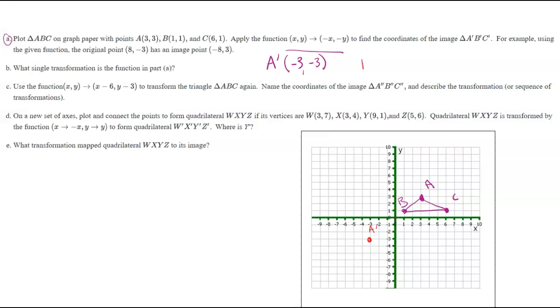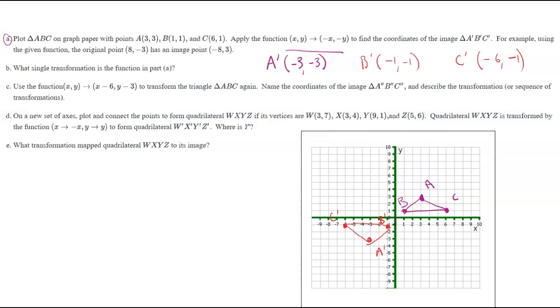For my B prime, I'm going to apply my negatives: negative 1, negative 1, probably somewhere right about there. B prime. And then my C prime will be negative 6, negative 1. So I'm going to connect all these together, and I'm going to move my A prime label out of here and write it down below.